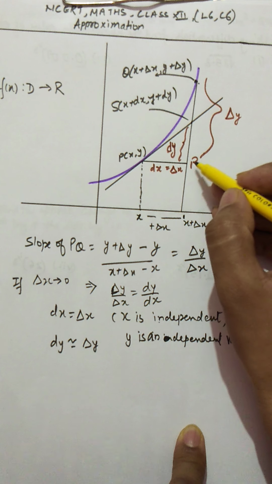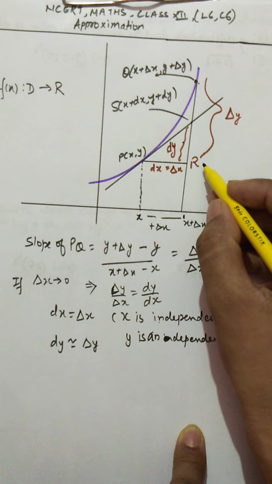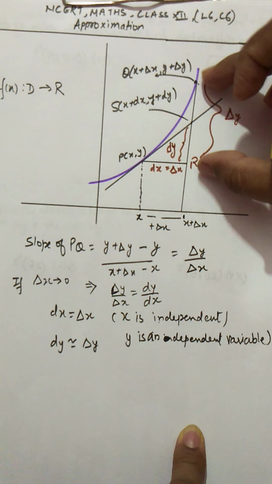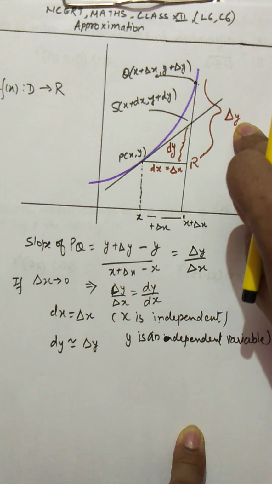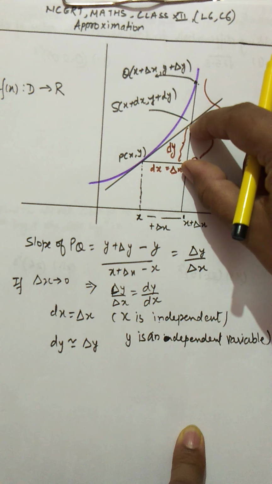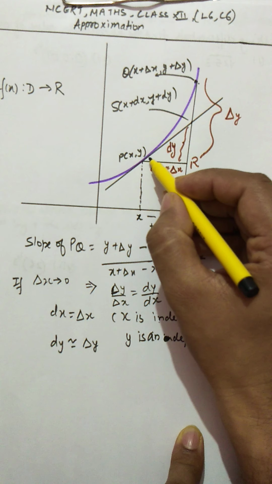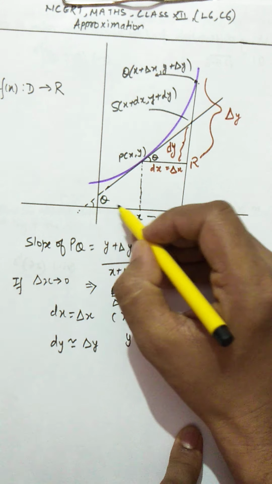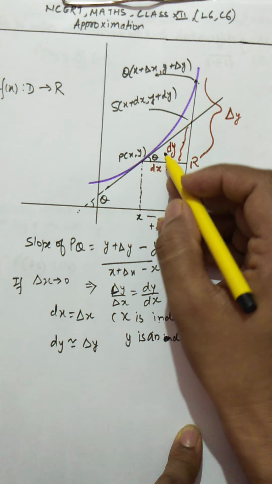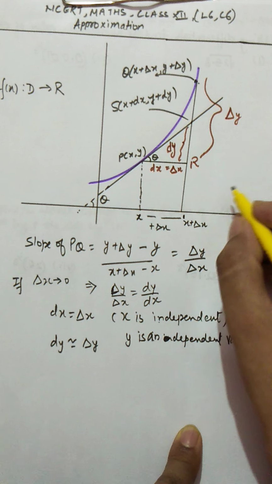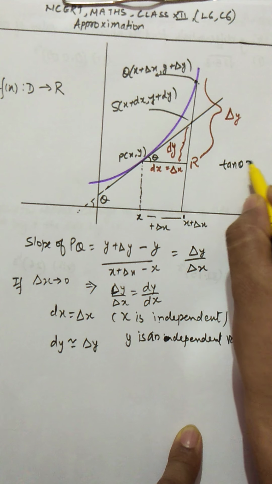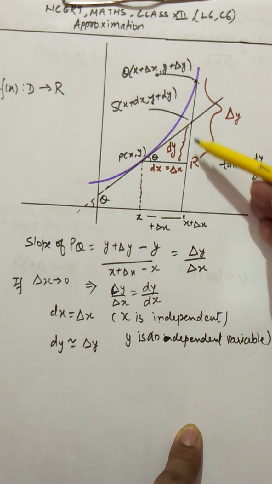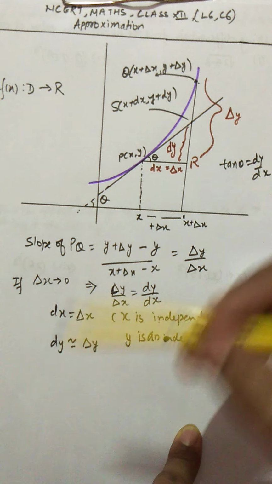You can find that point easily, and this gap RQ is your delta y, and this gap is your dy, because if this is theta, the angle which the tangent makes with the x axis, then tan theta will be dy by dx. It means this distance is your dy, and this base is your dx.